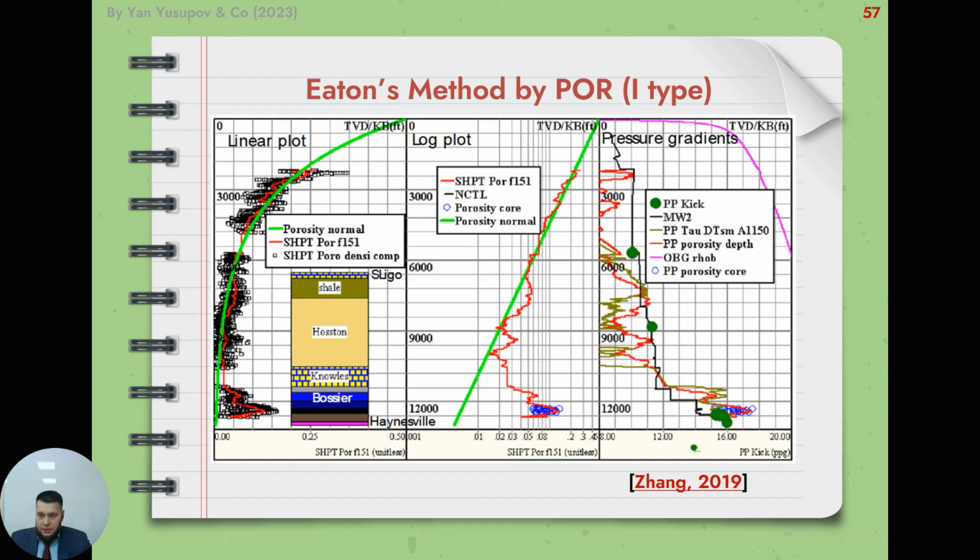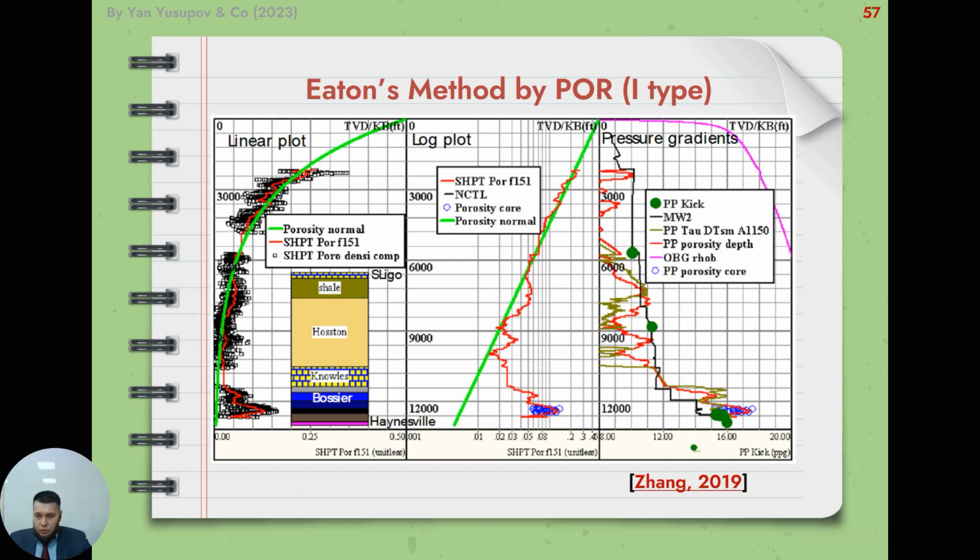This figure presents another example of pore pressure analysis using porosity data. The porosity is obtained from the density log and calibrated to core data. The calculated pore pressure increases from the Booster formation.